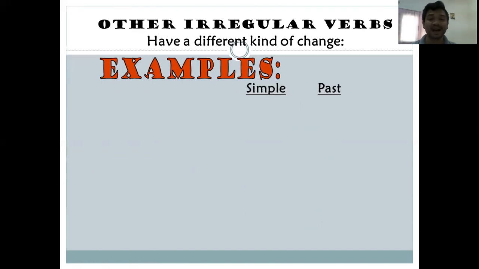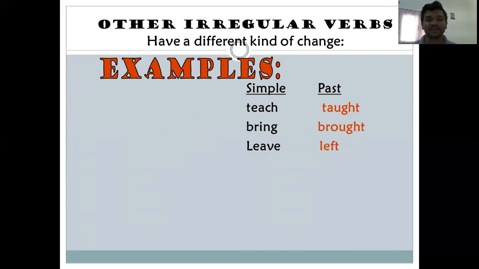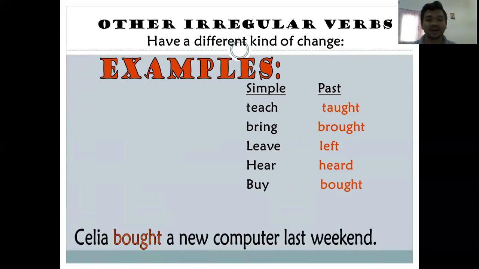Examples: in the simple past, you have teach and taught, bring, brought, leave, left, hear, heard, buy, bought. So, Celia bought a new computer last weekend. Now, as you can see here, teach, taught, bring, brought, leave, left, hear, heard, buy, bought.